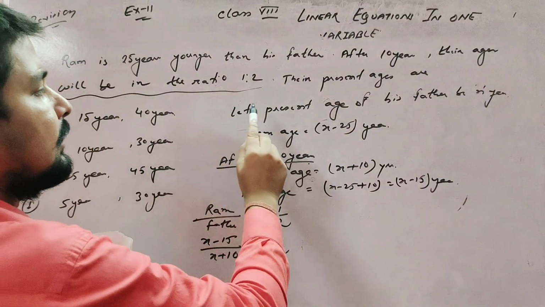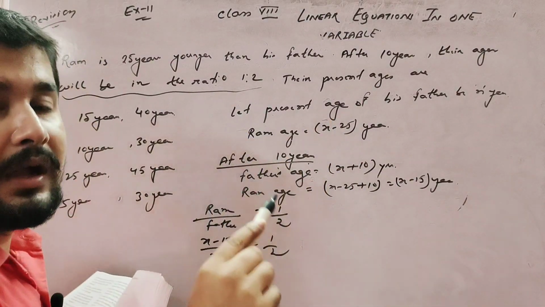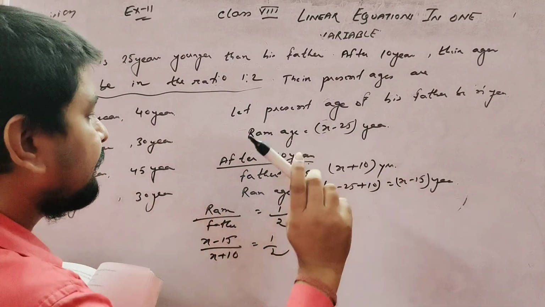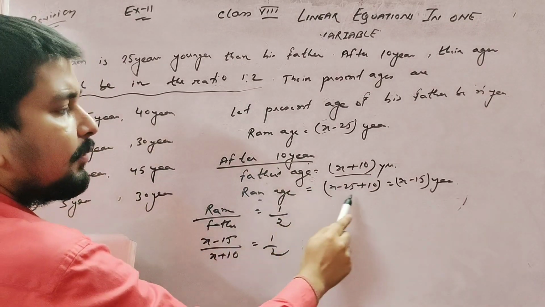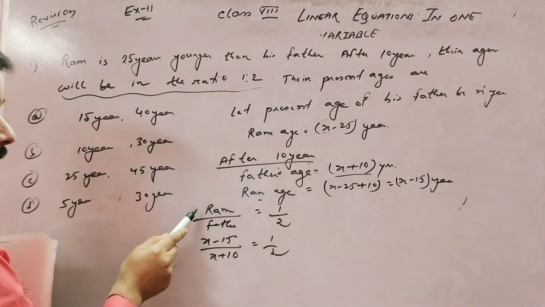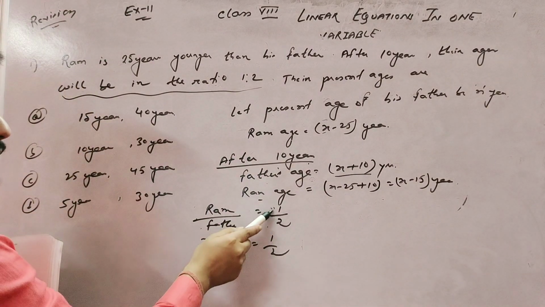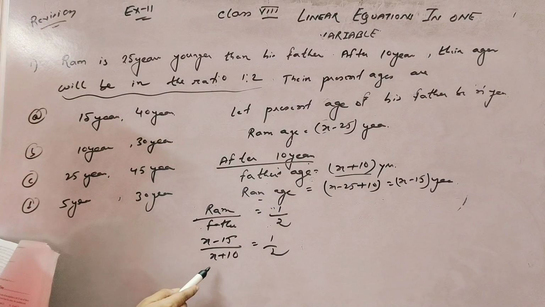Again, I repeat: let the present age of his father be x years. Ram is 25 years younger, so x minus 25. After 10 years, father's age is x plus 10, and Ram also gets plus 10 years, which gives x minus 15.